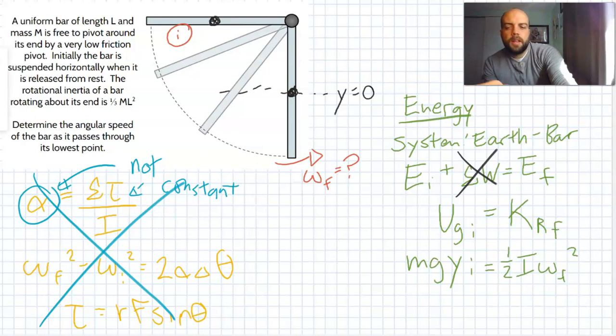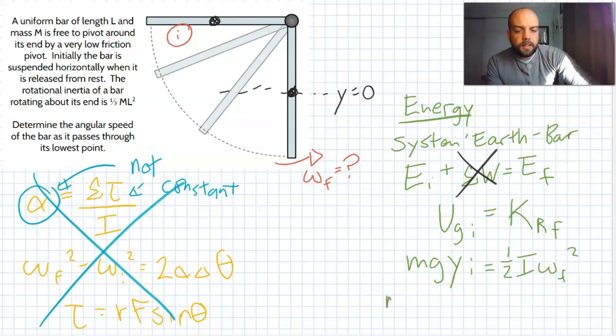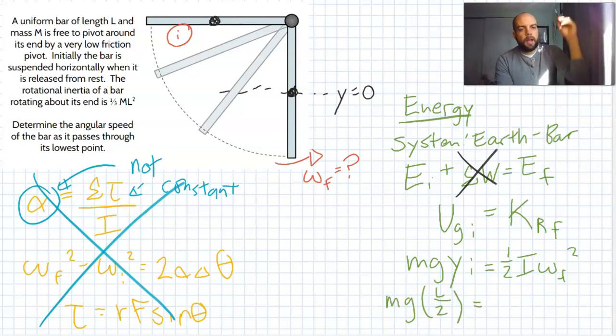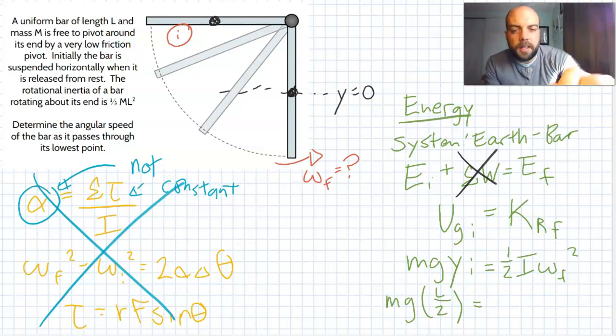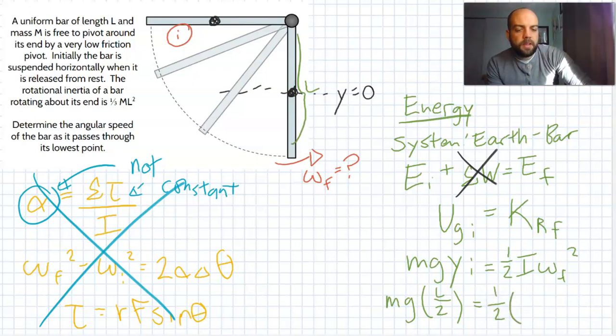So it means that our initial height is L over 2. That's how high above the center of mass is in the beginning, because the whole bar is a length L. And then I'll plug in my value for I, which I'm told in the problem is 1/3 mL squared, times omega final squared, and there we go.